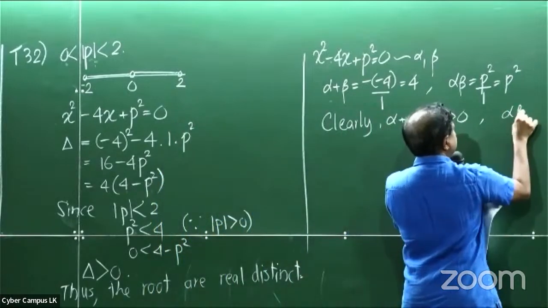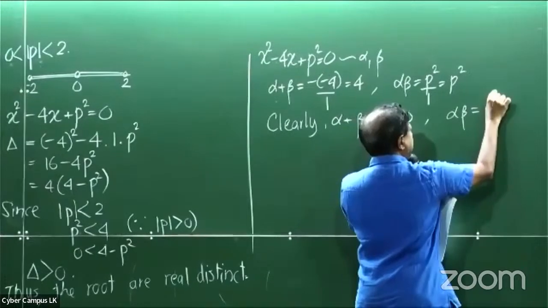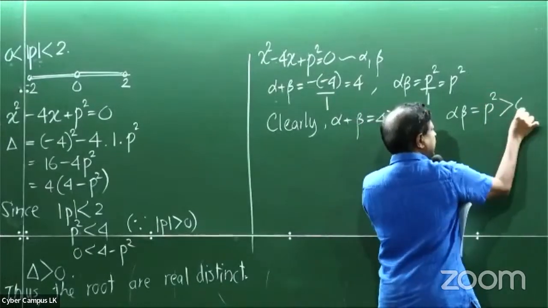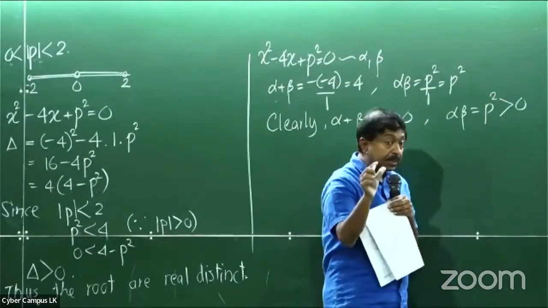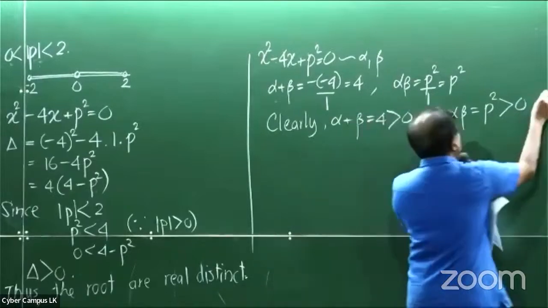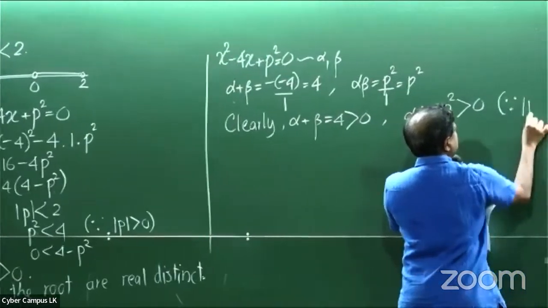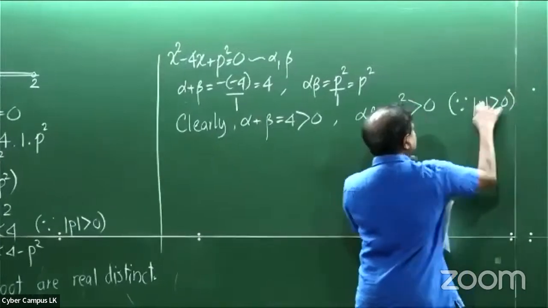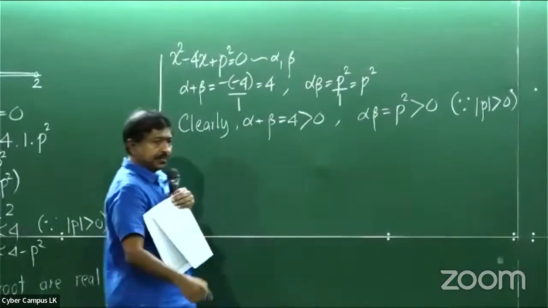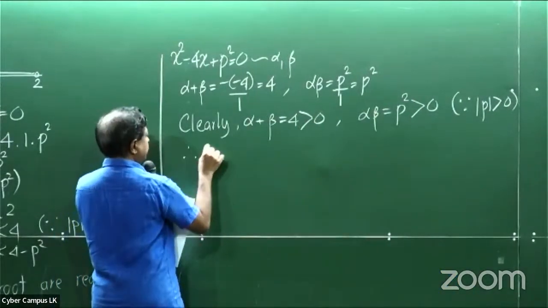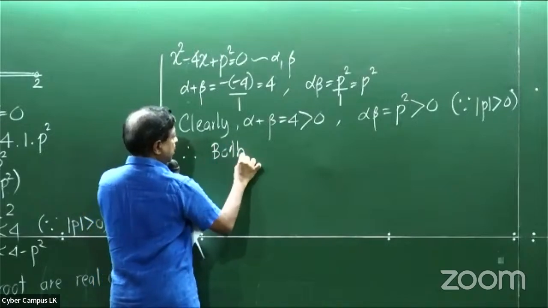Alpha beta is equal to p squared, which is greater than 0. Why? Mod p is greater than 0. Here you have to give the reason. When you square this, you get this one. Therefore, both alpha and beta are positive.